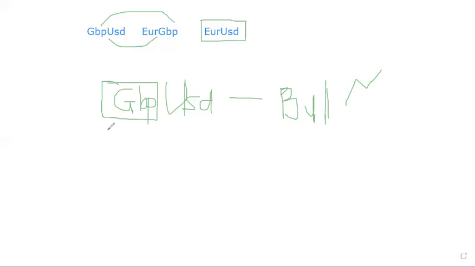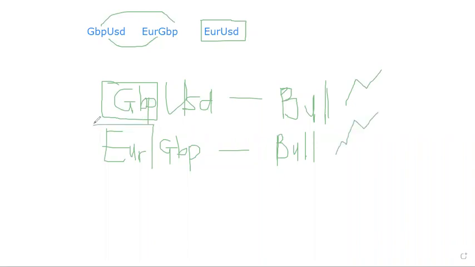The same way, if you have a chart of Euro GBP, and that chart is also bullish, what that tells you is that Euro is stronger than pounds.